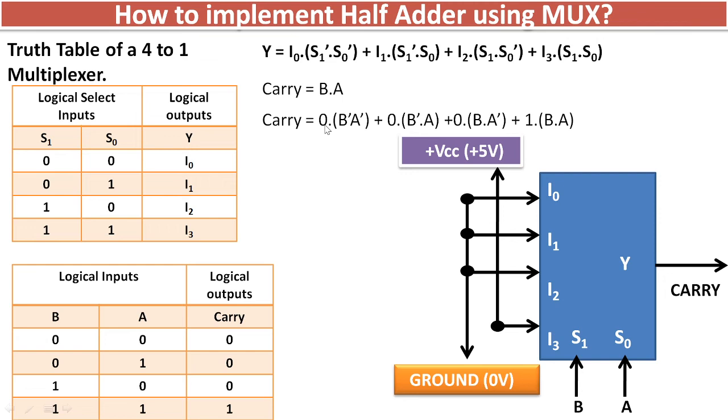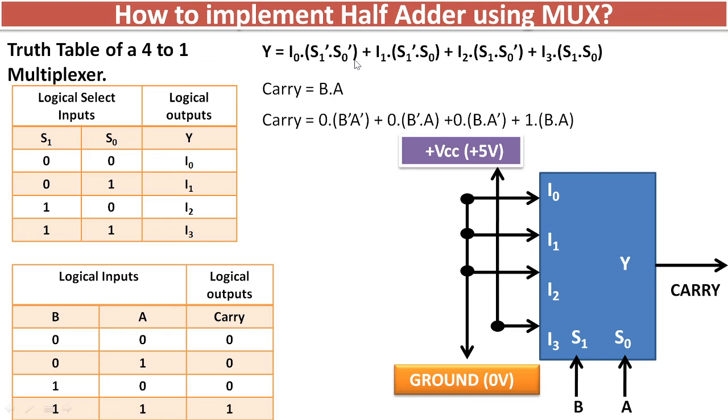We all know that 0 entering into an AND gate, the output will always be 0. So this particular term is always 0, hence it is not available at the output in this particular expression.